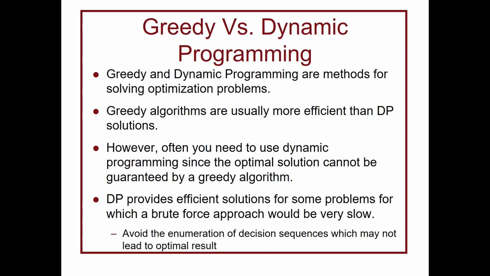Nevertheless, there are many problems that cannot be solved using greedy algorithms, or to make it more precise, there are many problems for which we do not know any greedy heuristic that guarantees the optimal solution whenever that heuristic is applied, right?